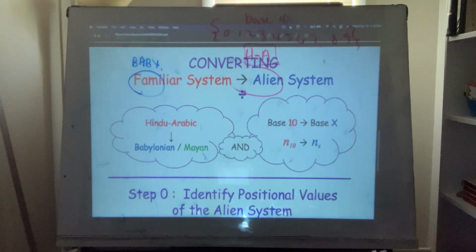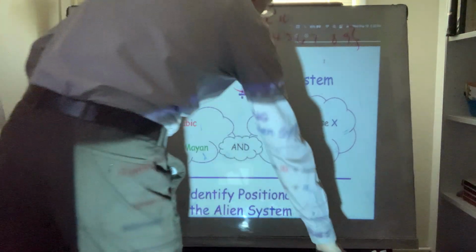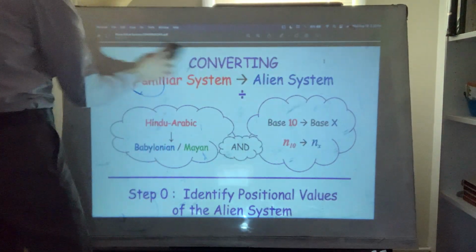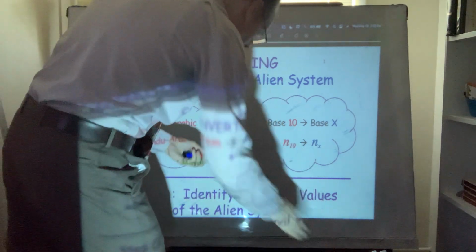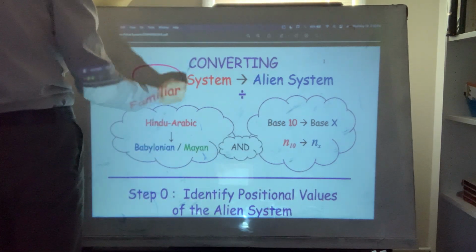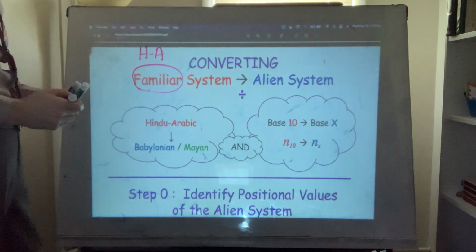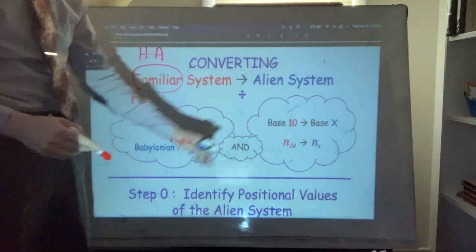If, on the other hand, you're going the other way, you're starting with the familiar system, Hindu-Arabic, and you're converting to the alien hieroglyphics.